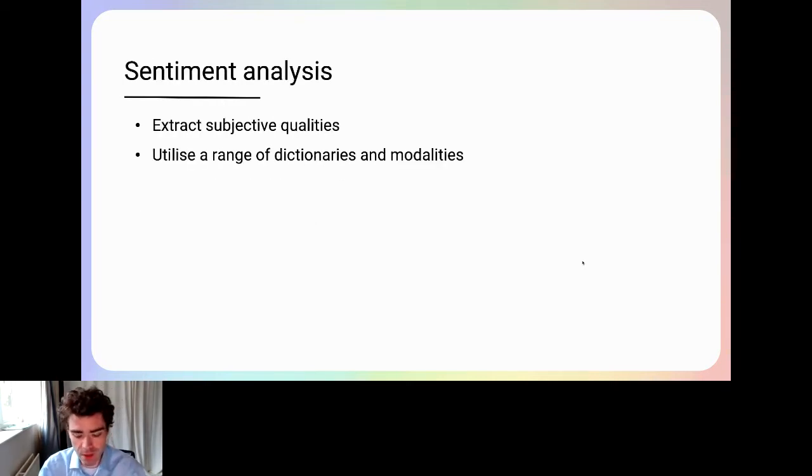Okay, so number 1, sentiment analysis. We want to extract some subjective qualities. Because it's subjective, what we're going to be relying on are dictionaries and sort of modalities. So these would be things like saying the word horrible is a negative word.